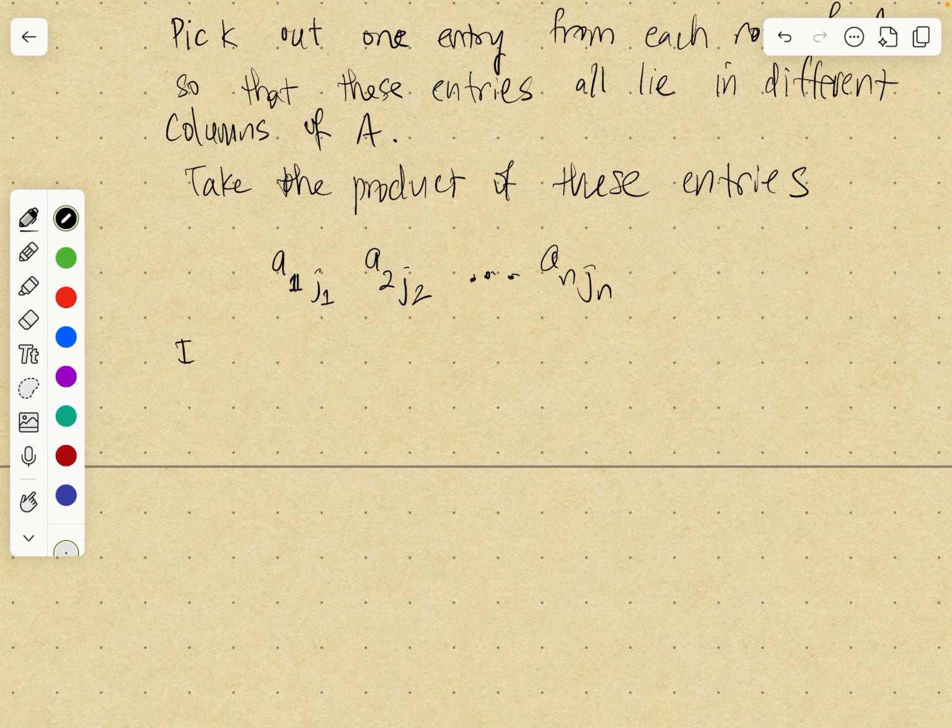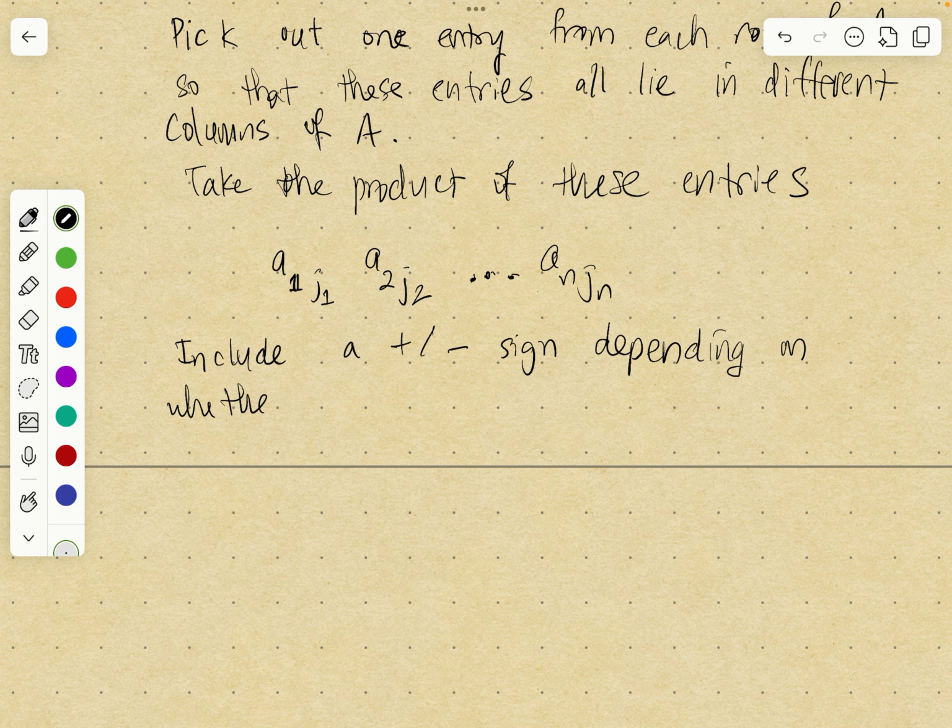Now you include a plus sign or a minus sign depending on whether the permutation j sub 1 through j sub n is even or odd.